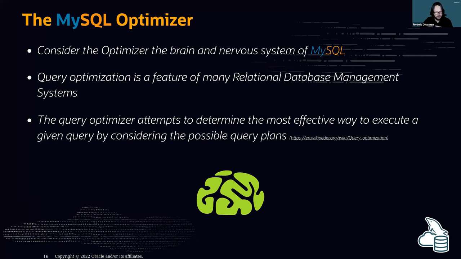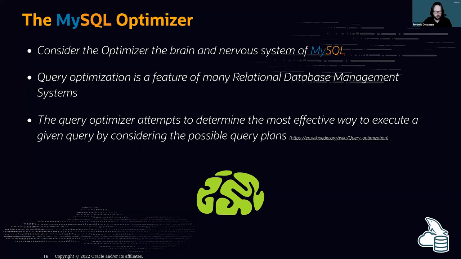Query optimization is of course part of many RDBMS, and also part of MySQL. So the query optimizer will always attempt to determine the most effective way to execute a query, considering all the possible query plans we have.